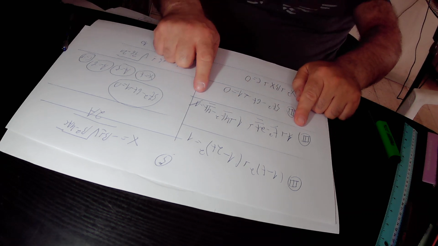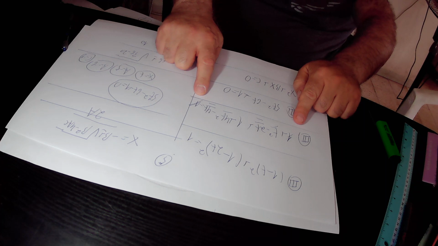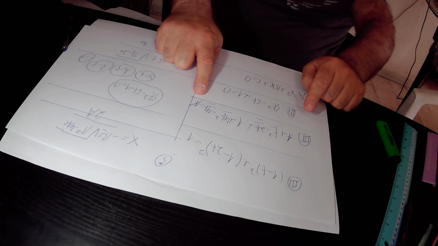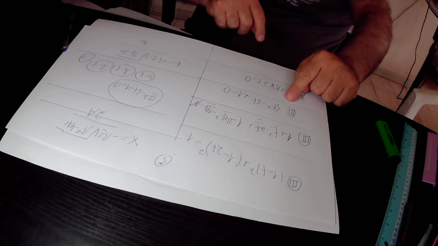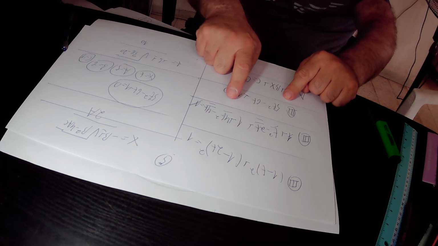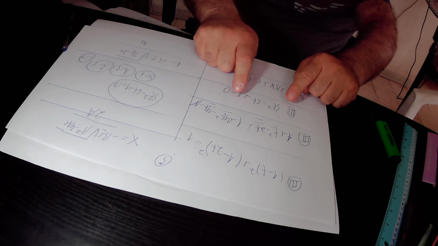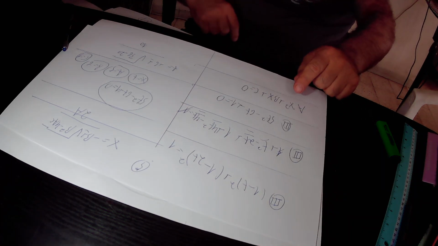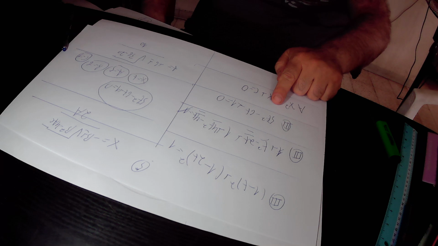Here we have 1 on both sides of the equation, so the 1 gets cancelled. After we cancel 1, on this side of the equation we have t squared plus 4t squared is 5t squared, and minus 2t minus 4t is minus 6t, plus 1 equals 0. So according to equation 3, 5t squared minus 6t plus 1 equals 0.